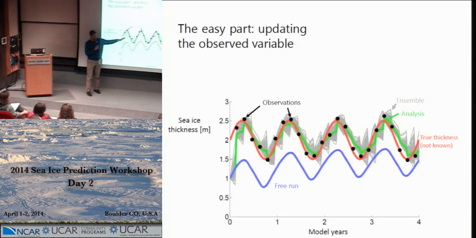The red curve is the true thickness that we cannot even observe because the observations have uncertainties. And what data assimilation will do is just update thickness in a way that it's consistent, so that in the end you will have the green curve, which is what you call your reanalysis, and which is a kind of interpolation of the observation, and which is consistent with the true thickness. But that's not a big deal. This is just what we could call primary nudging.